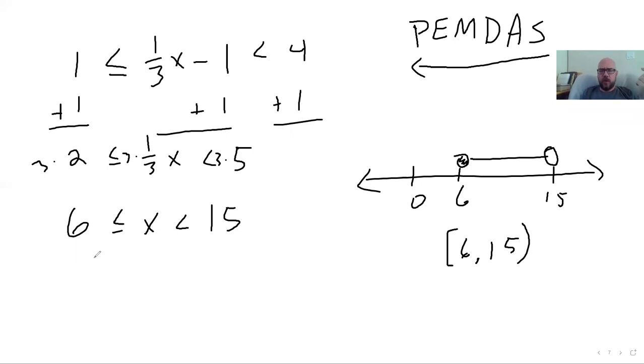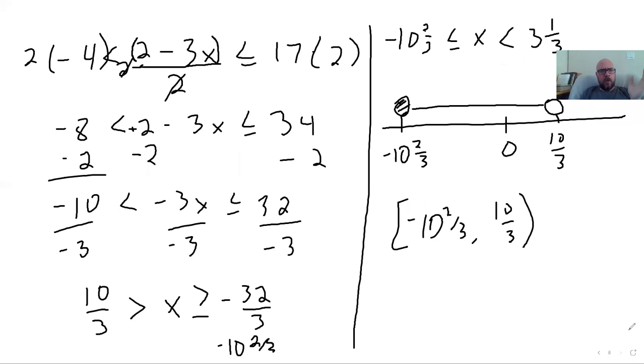And then if you do that, the thing you end up with is an inequality that says that x is between two things rather than just greater than or just less than. And so you have to describe it like this. Similarly, the rule about negatives still applies. So if you multiply or divide by a negative number like I did here, you still have to flip over your signs.